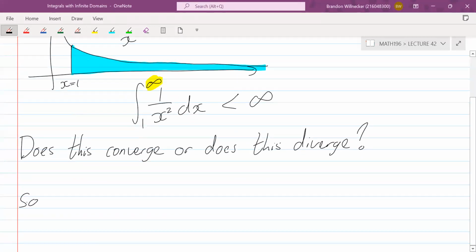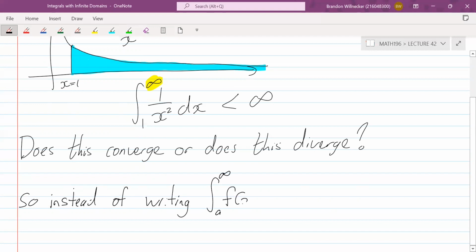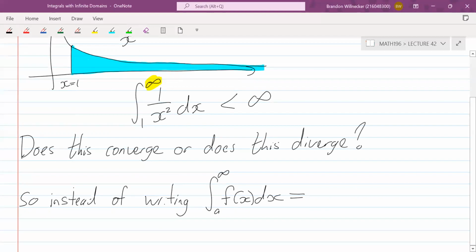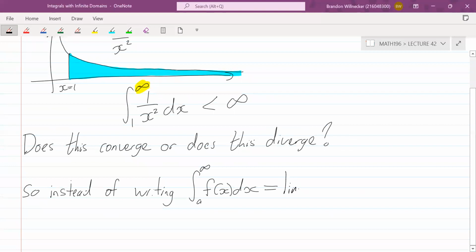So instead of writing the integral from, let's say, a to infinity f of x dx, which is problematic because we can't just substitute in infinity, what we mean is we're taking the limit, for example, as t goes to infinity, of the integral from a to t, f of x dx.